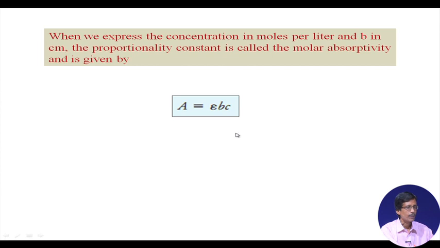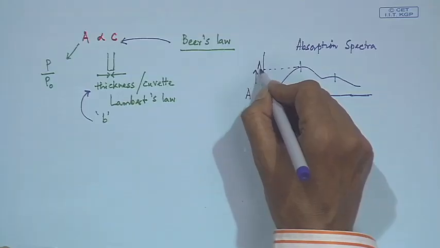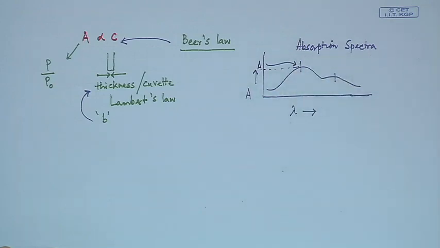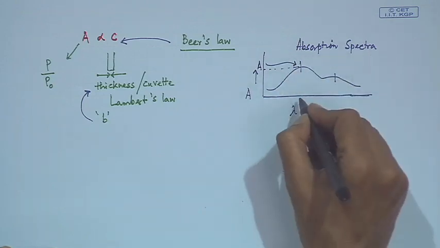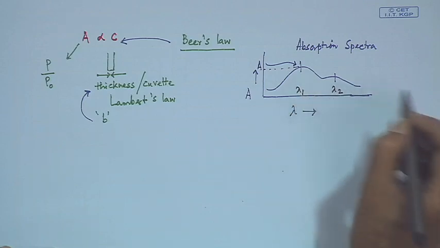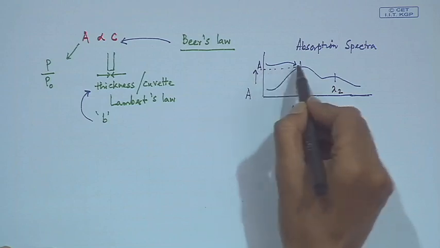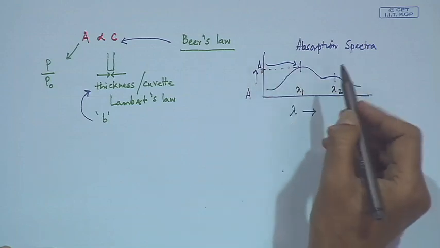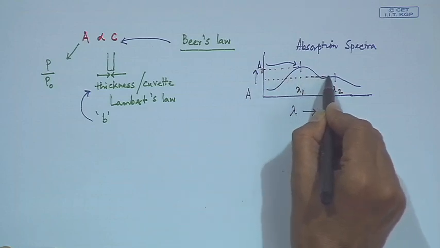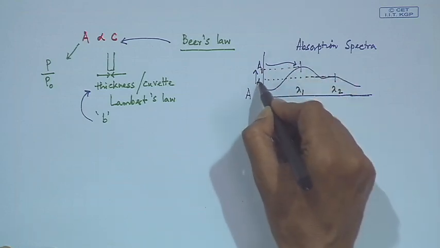At that particular lambda value, you have the maximum absorbance. If you take this as the corresponding value, this is the A value, the A corresponding to this lambda value. If we consider this as lambda 1 and this as lambda 2, this will be A 1, and the second one we get over here will be A 2.